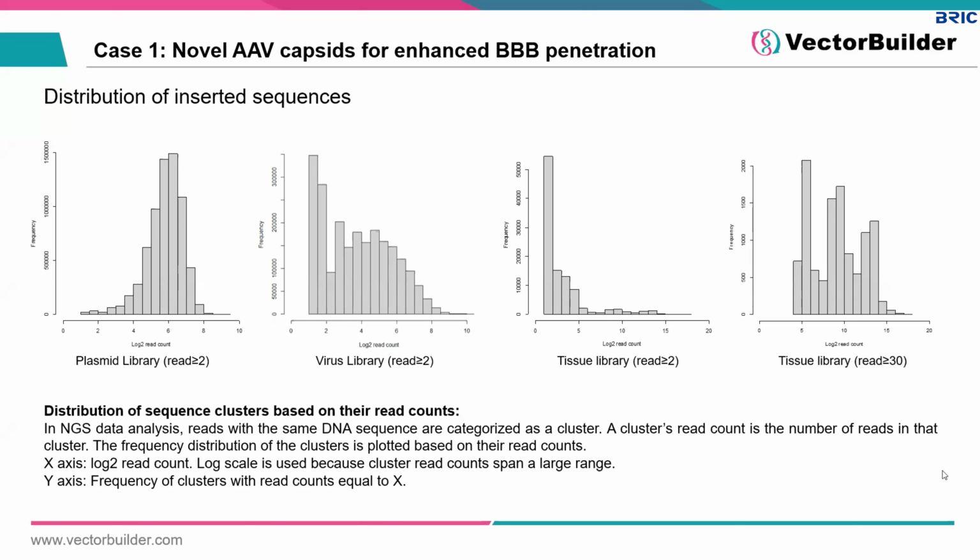In the first step, we generate the plasmid library, and then we do NGS sequencing to validate and QC this library. From the data I'm showing here, we see the plasmid library is relatively even for each variant.